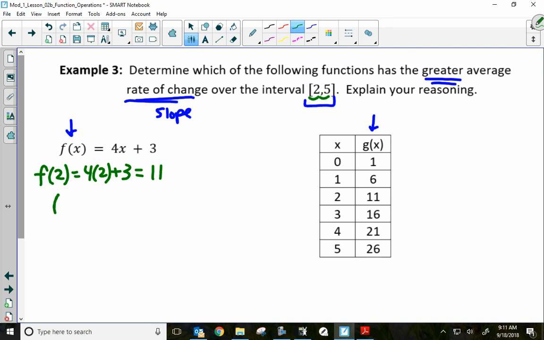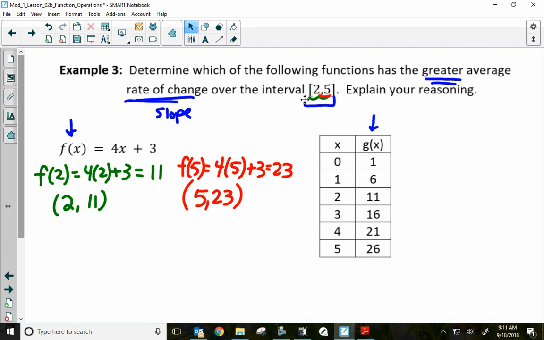So one coordinate is 2, 11. My next coordinate is 5, isn't it? Our next x value is 5, so I find f of 5. That's 4 times 5 plus 3. That's 20 and 3. So the coordinate here is 5, 23.